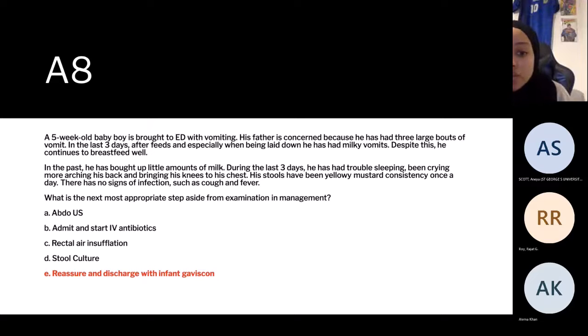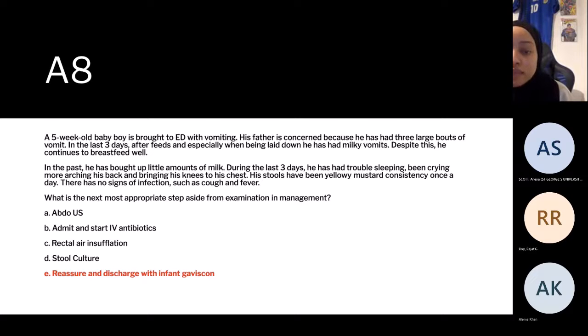So yes, it is to reassure and discharge the infant with Gaviscon. I can understand why you would think it could be rectal air insufflation. You might think he has intussusception because he's bringing his knees up to his chest and he's been arching his back and he seems like he's in quite significant pain.